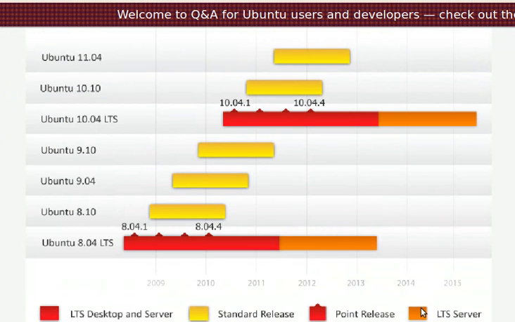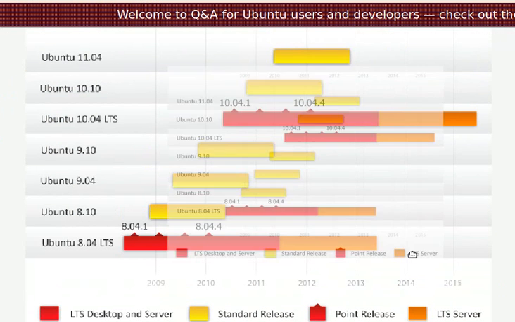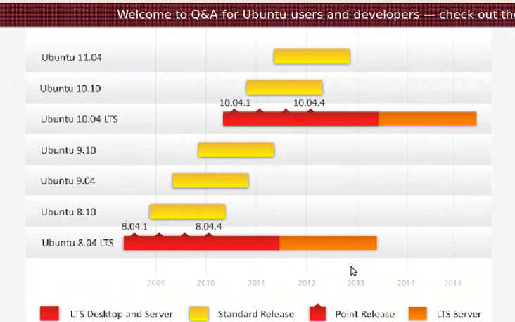All right, here's what it looks like. We'll start at the bottom here. You see the Ubuntu 8.04 LTS went from the 4th month of 2008 up until the middle of 2011.